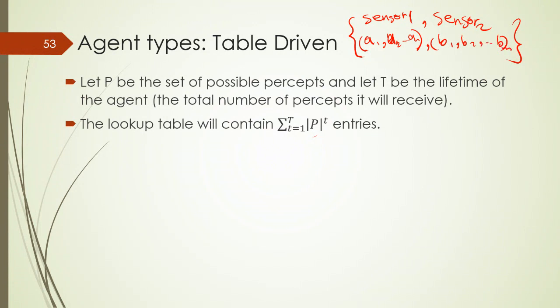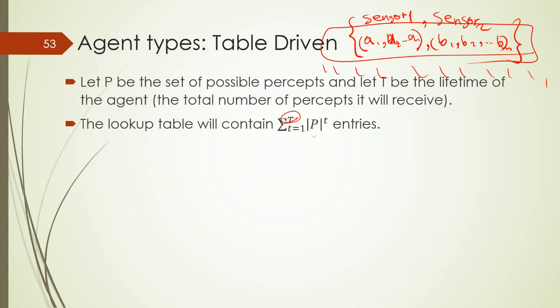So total possible percepts will be the collection of everything. P is the number of total possible percepts. Capital T is the time step, how many steps you're going to continue this.